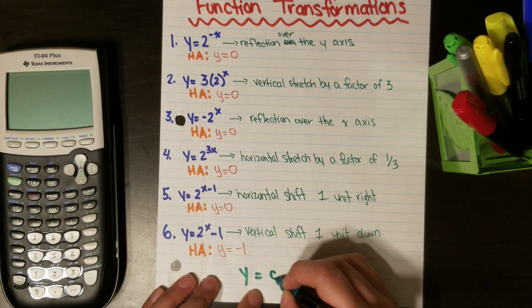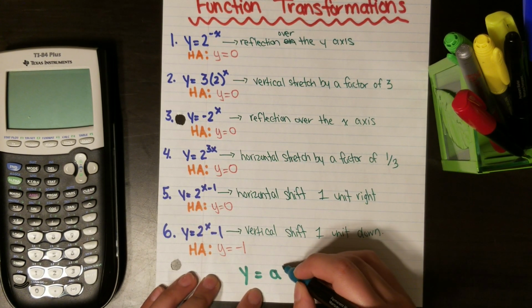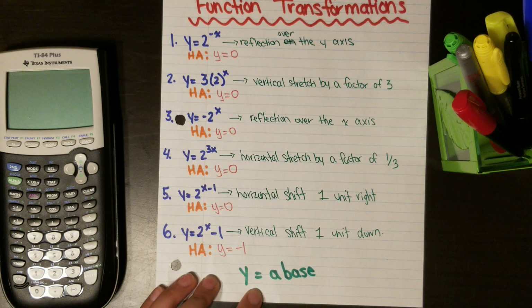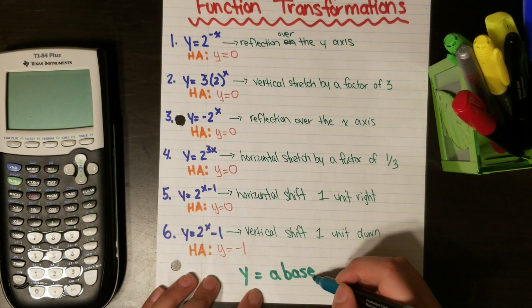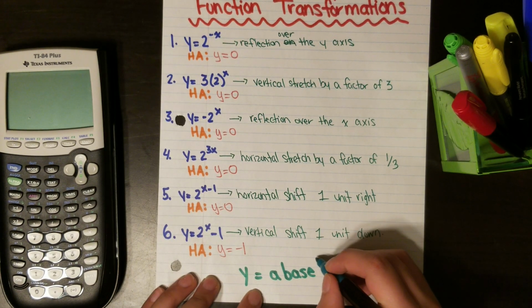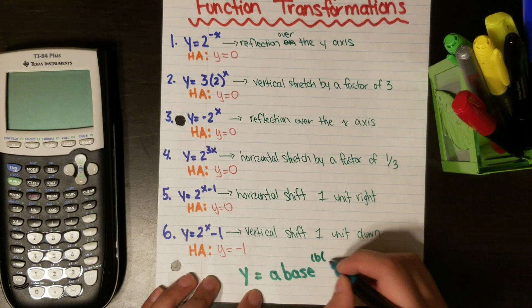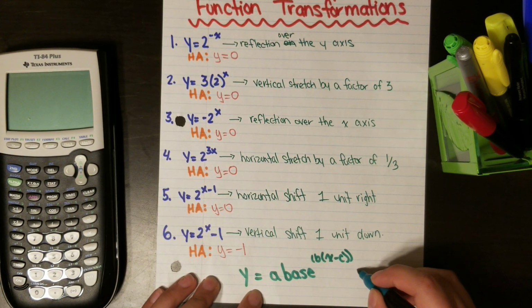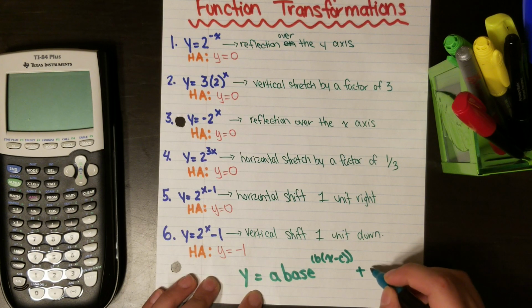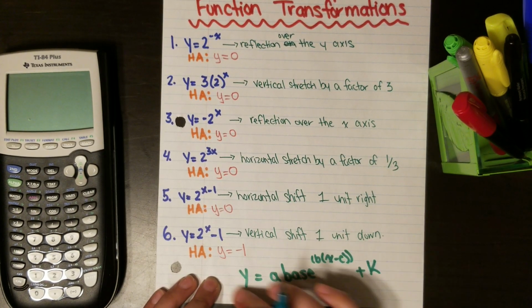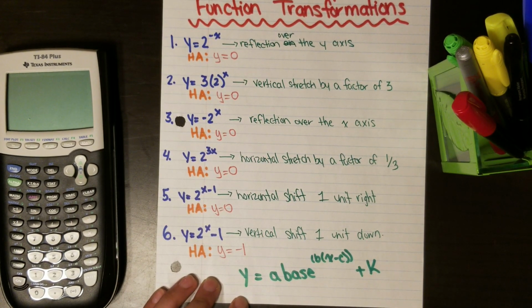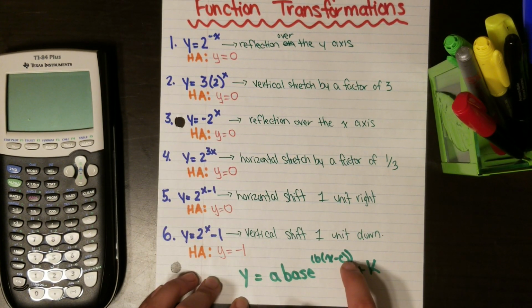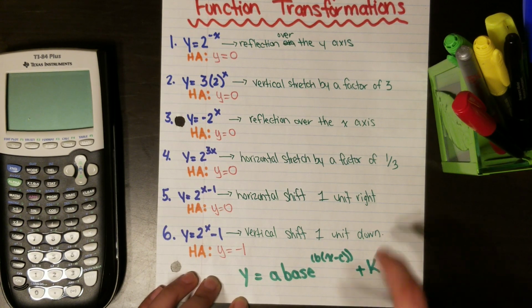Okay, so you're going to have an a value, then you're going to have a base, and in this case the base was 2, and that base is going to be to the power of b(x minus c), and then you're going to have plus k. And that's your basic equation for exponential functions. And remember that your b and c values always have to be the opposite of what they are when you apply them mathematically.